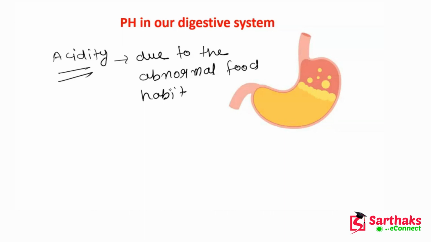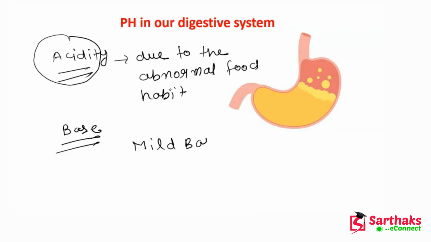Now what is the cure for this acidity? We all know that base can neutralize acid. So we consume mild bases to get relief from acidity. So guys, what are these mild bases? Let me write it here.